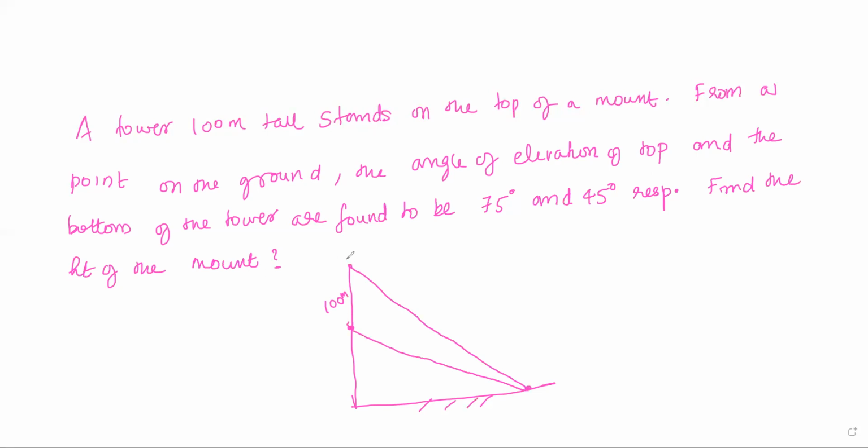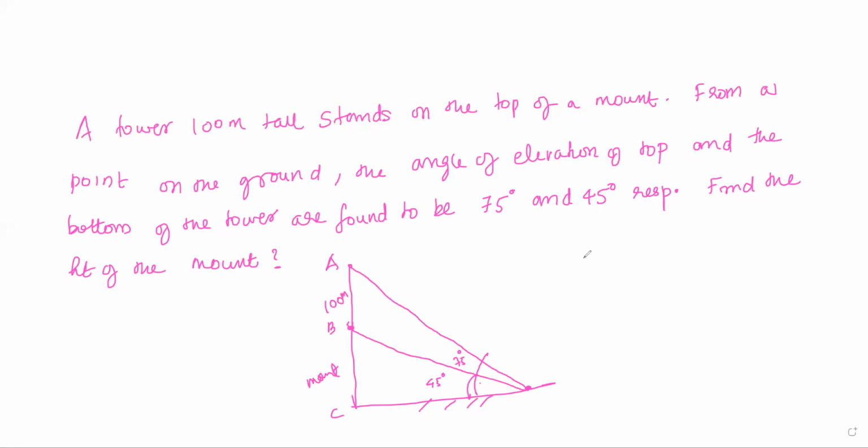So this is A, B, C. This is 45 degree to the bottom, and this is 75 degree, that is to the top of the tower. You have to find the height of the mount.